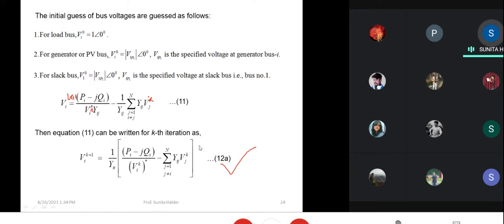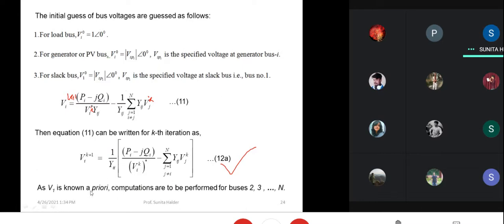So using equation 12a, we can find out the bus voltage at any iteration. So at the initial iteration, we shall start from these guesses. So V1 is known a priori because V1 is the slack bus voltage, assuming that the slack bus is bus number 1, computations are to be performed for buses 2 to n.